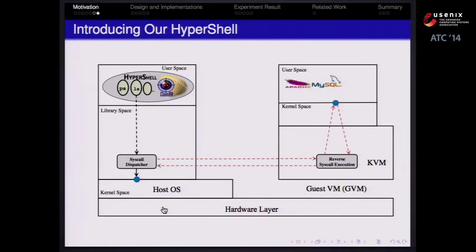Basically, in a KVM virtualization-based system, there are two kinds of systems. One is the guest OS, which runs on top of the KVM hypervisor, and the other is the host OS, which provides the virtualized resources to KVM. Our idea is to separate the execution of the management utility into two parts.